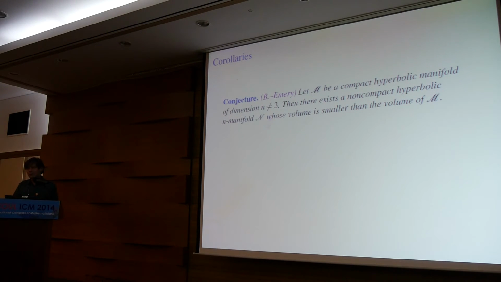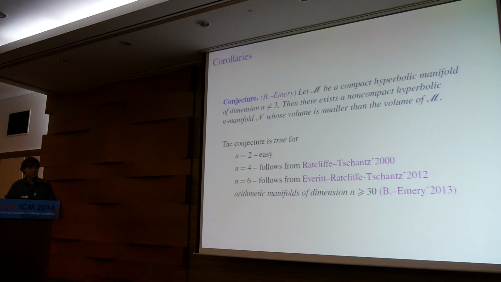That one is obtained by Dehn surgery. In other dimensions you cannot do Dehn surgery. This is a conjecture, and we have some evidence for it. It's true for small dimensions, and it's true for sufficiently large dimensions for arithmetic manifolds. This is another joint work with Emery.